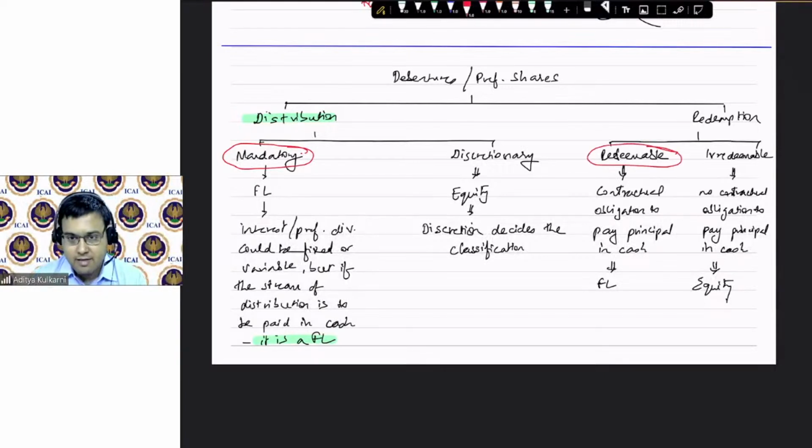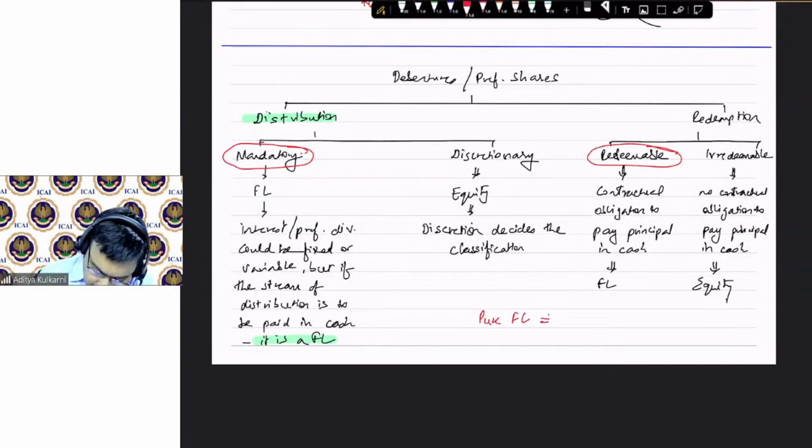If that is the case, whatever the name, you may call it preference shares, but those preference shares come with mandatory distribution and are redeemable. Then the distribution is a financial liability, and the principal also is a financial liability. Therefore the entire instrument becomes what I call a pure financial liability.